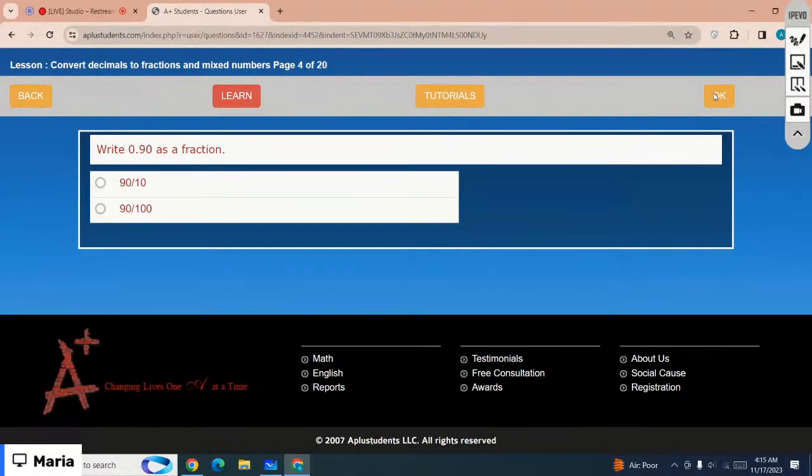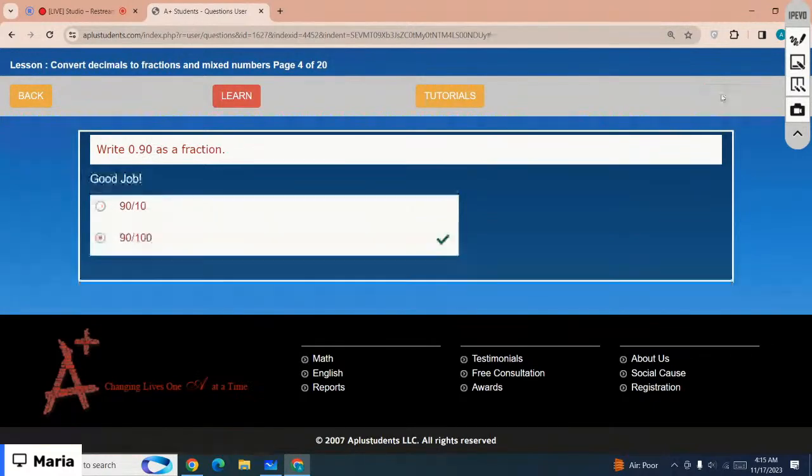Yes, that is. You have two decimal places right after the decimal, 1 and 2. You need to add two zeros. That would be 90 divided by 100. Basically, you have to count the number of decimal places right after the decimal. You have two decimal places, so you need to add two zeros in the denominator. That would be 90 over 100.